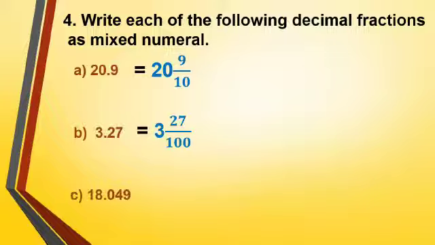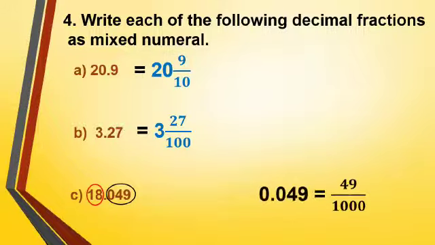The next given number is 18.049. Here 18 is the whole part and 0.049 is the decimal part. There are three digits after decimal. So 0.049 is equal to 49 by 1000.